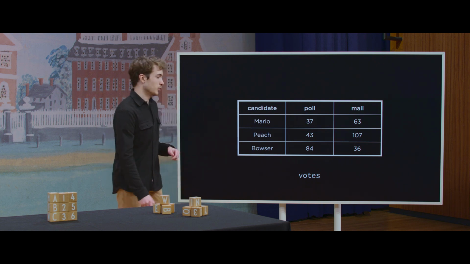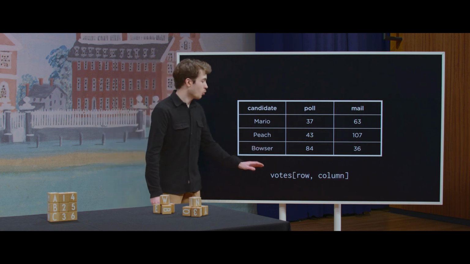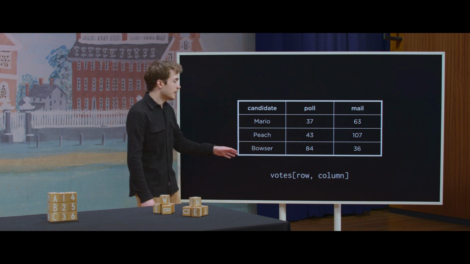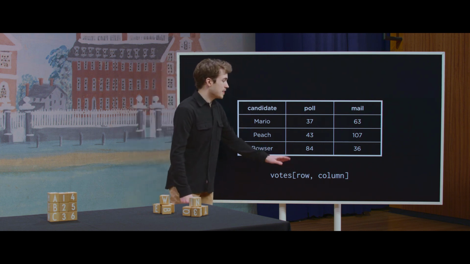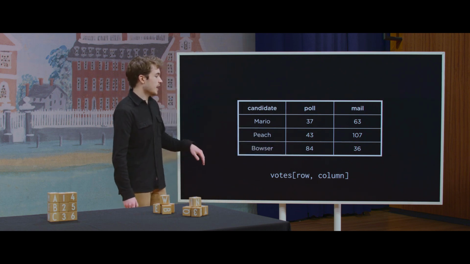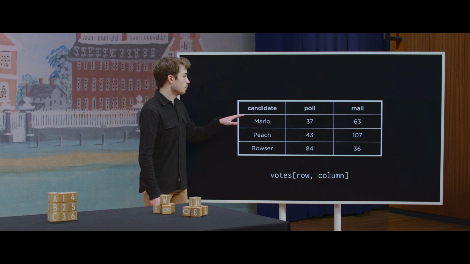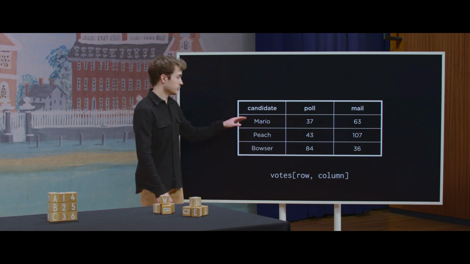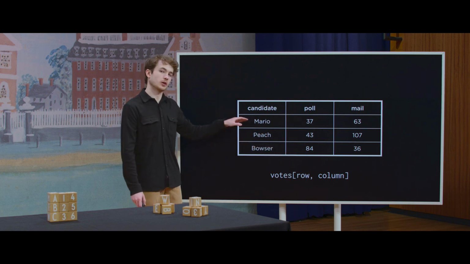Now, one way is to use what we call bracket notation, where I could take the name of this data frame, use brackets, and then supply the number of the row and the number of the column that I want to see. So for instance, let's say I wanted to access this particular value, Mario, in the first column and the first row. Well, in that case, I could type votes bracket 1, comma, space 1 for the first value in the first row and the first column.